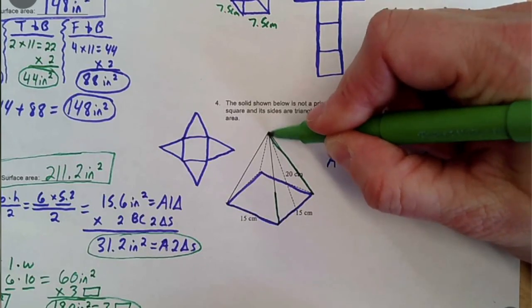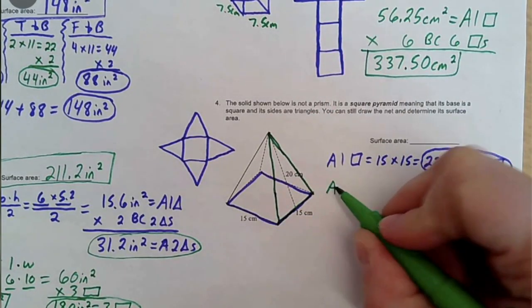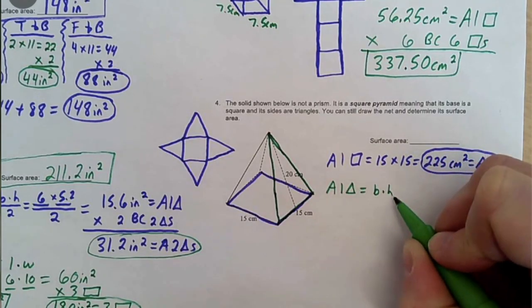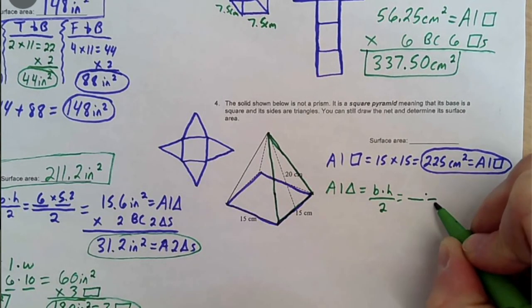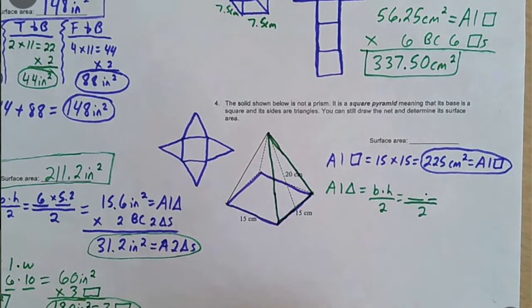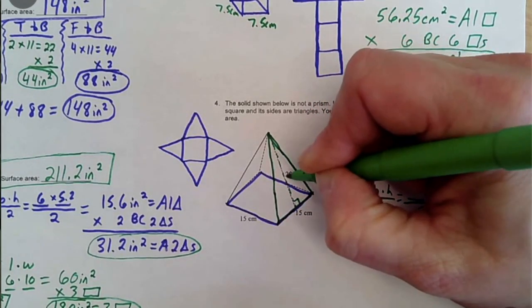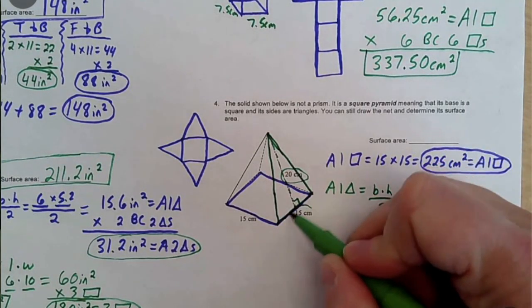So going up and down and around. Now remember, area of the one triangle, we use our base times height and divide by 2 formula. So we've got to figure out what our base and our height is before we divide by 2. So as I'm tracing this, it looks like this dotted line coming down would be our height, labeled 20, and then this would be our base, 15.